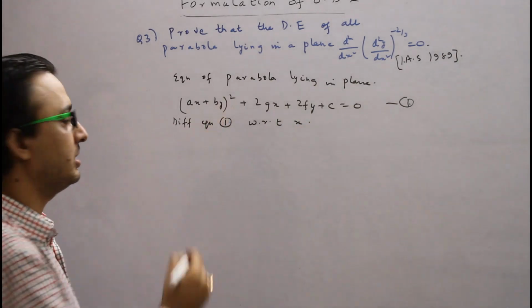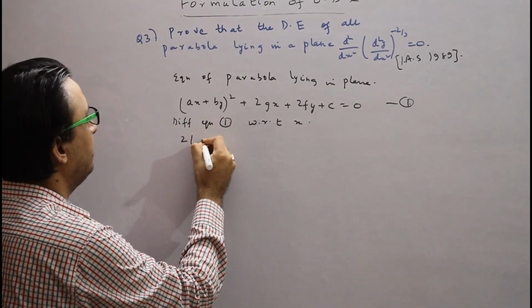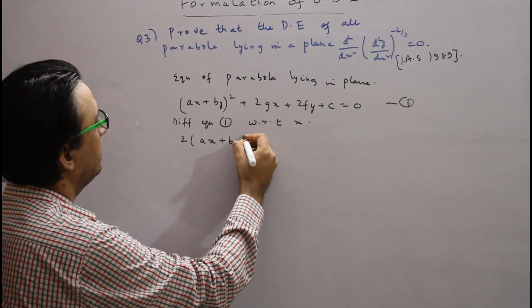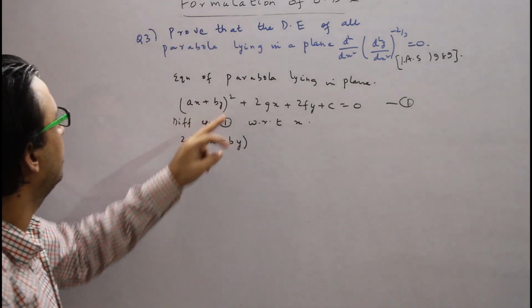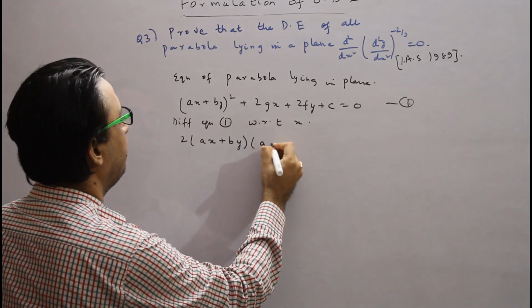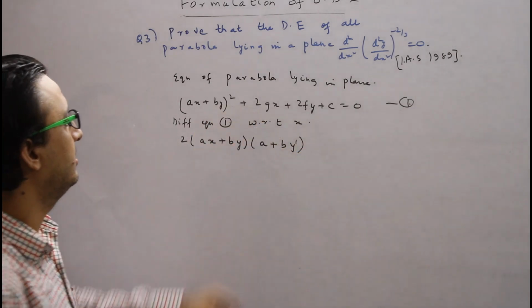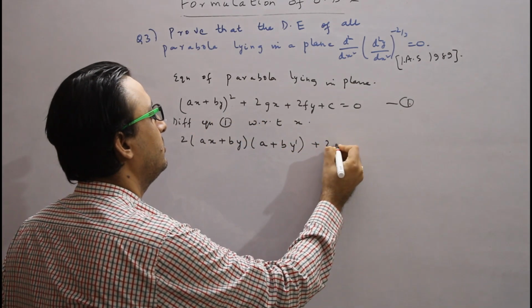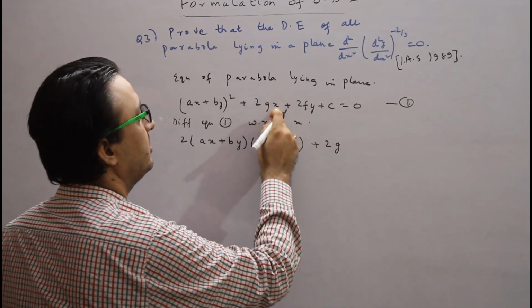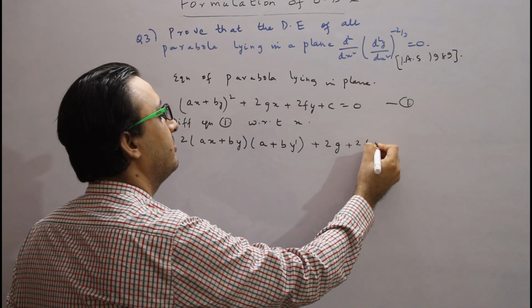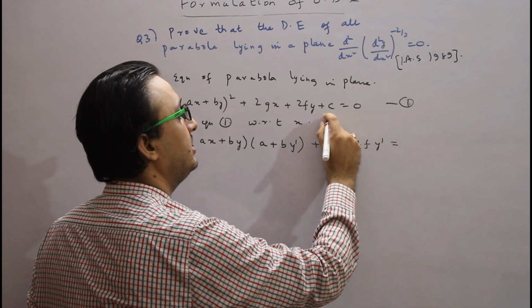So this becomes 2 times (ax plus by) into (a plus by dash), plus 2 times g, because we are differentiating with respect to x, plus 2 times f y dash, and c is 0.